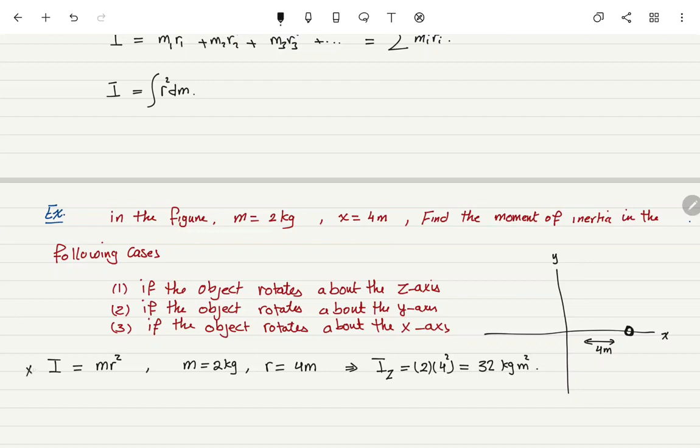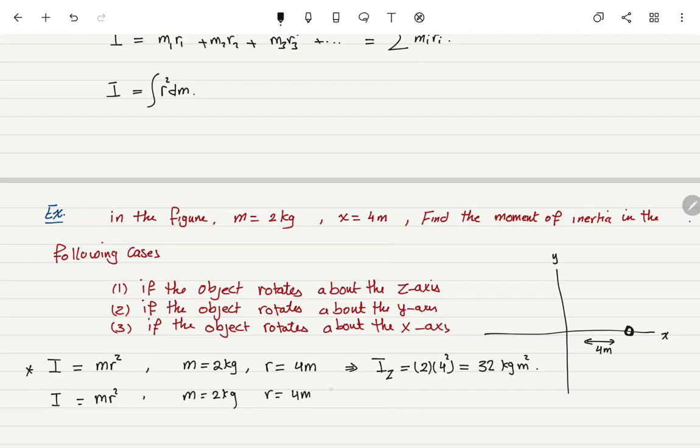To find the moment of inertia if the object rotates about the y-axis, same rule, r squared, where m is 2 kilograms and r is 4 meters, the distance from the y-axis.